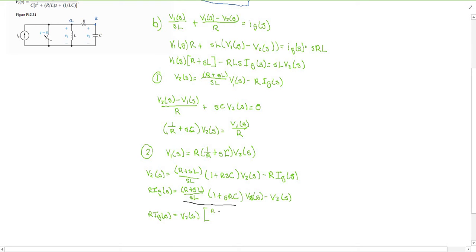So here we go. Once you multiply everything out, you would get essentially this massive thing, S squared RLC, right? And then this entire thing divided by SL minus 1, right?